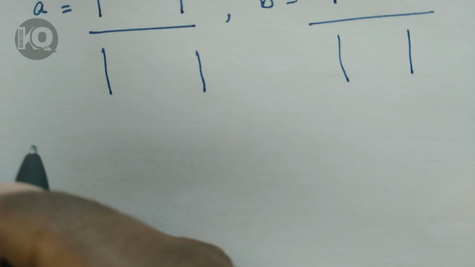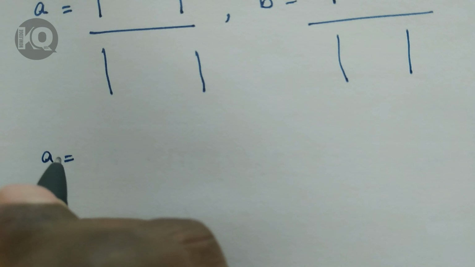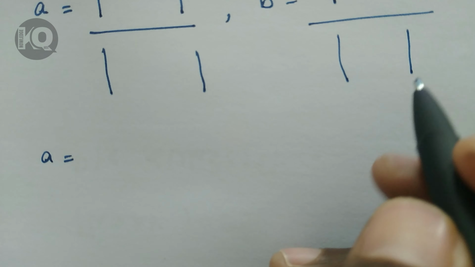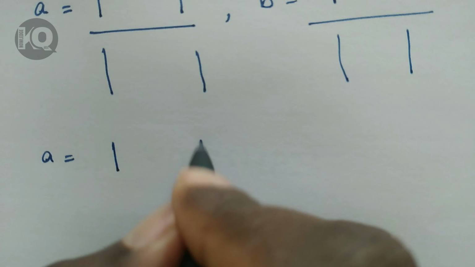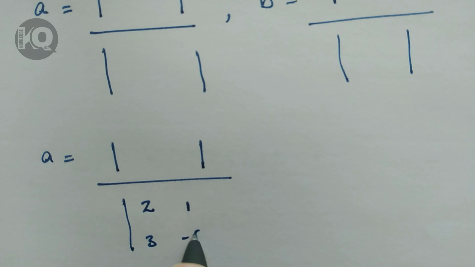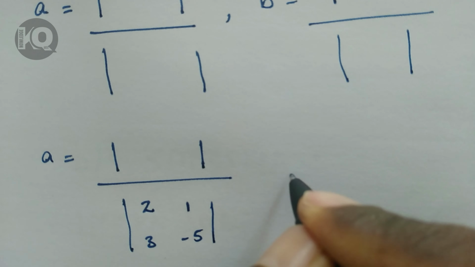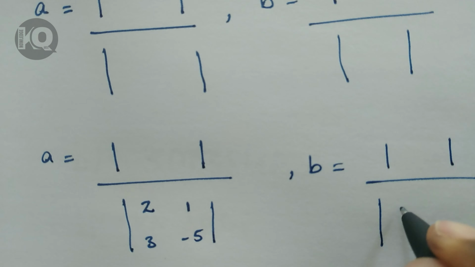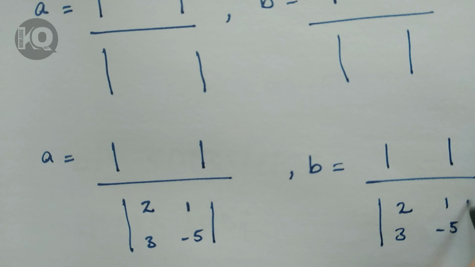So for a, the determinant of a certain matrix is divided by the determinant of the coefficient matrix, that is 2, 3, 1, minus 5. In the same way for b, the determinant of a certain matrix is divided by the determinant of the coefficient matrix, 2, 3, 1, minus 5.